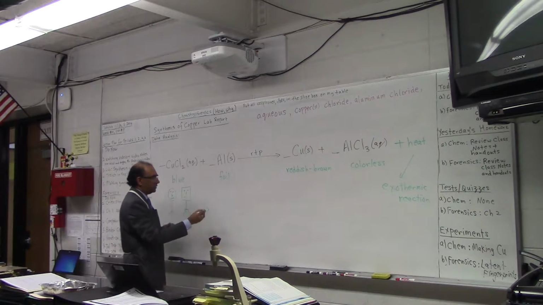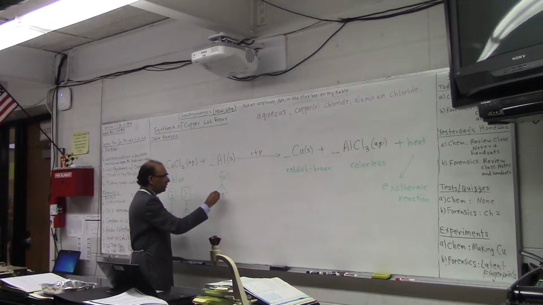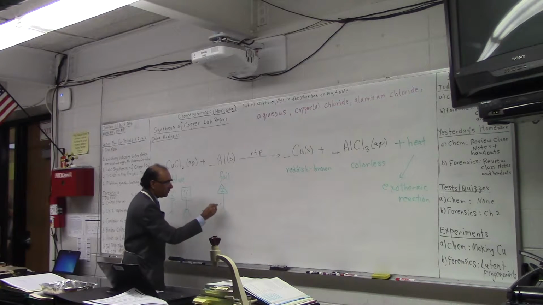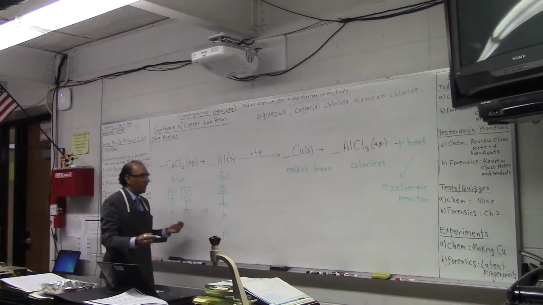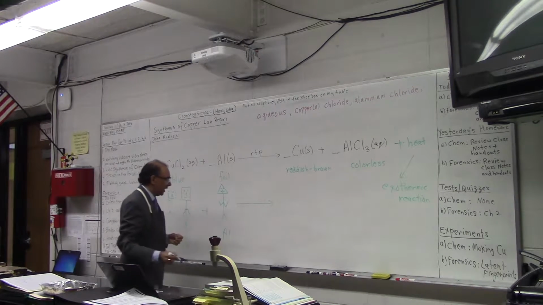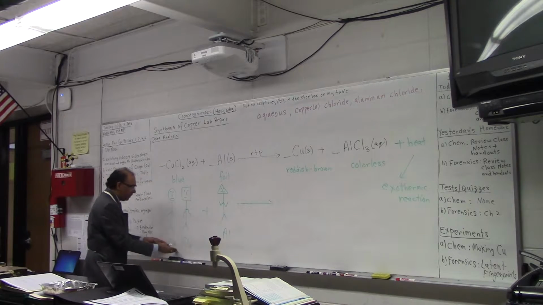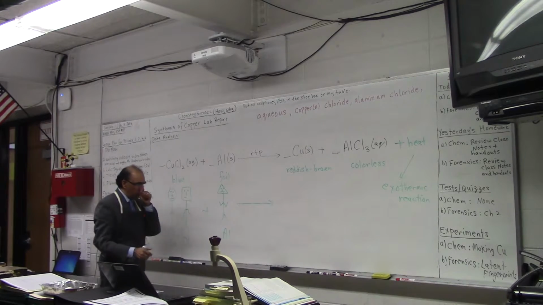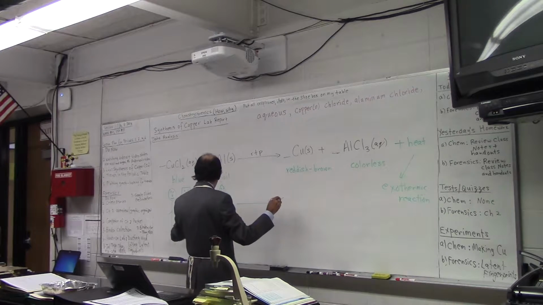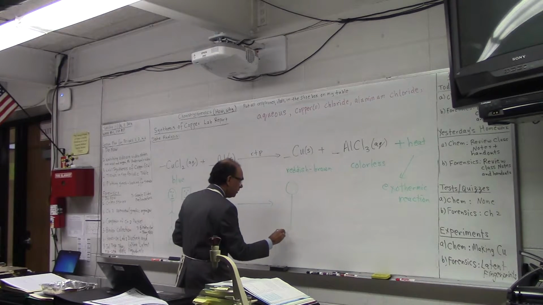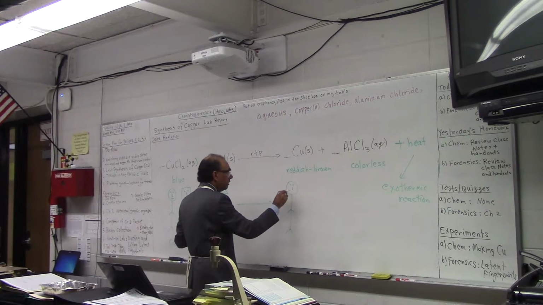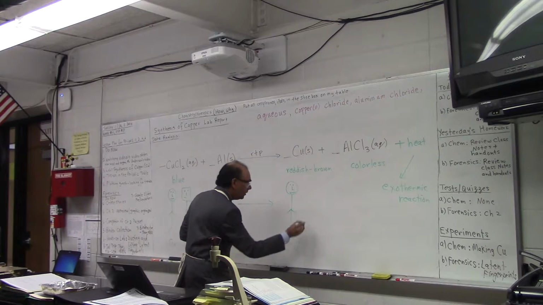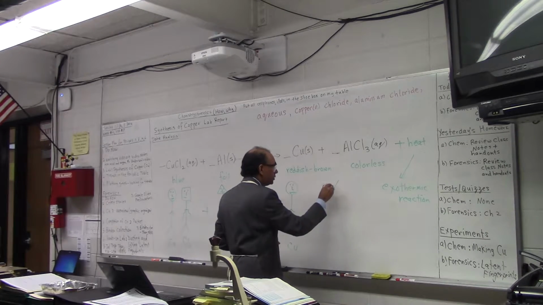Then you represent maybe your aluminum foil this way, and now you have your aluminum. And then you can show very clearly your single displacement reaction. So the aluminum will bump the copper away from the chloride, and now you'll be left with the copper, which is this one over here. That's your copper, and now you're left with aluminum chloride. So that's your aluminum.